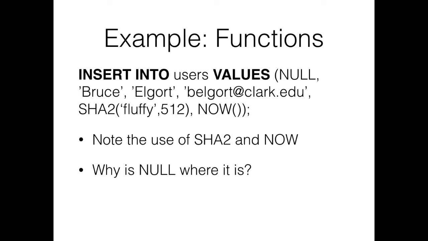Now, note the use of SHA-2 and now, both functions. They're both functions that you can use within MySQL and most versions of SQL to do certain things. Notice that that first column has a value of null. Null is actually different than an empty string.